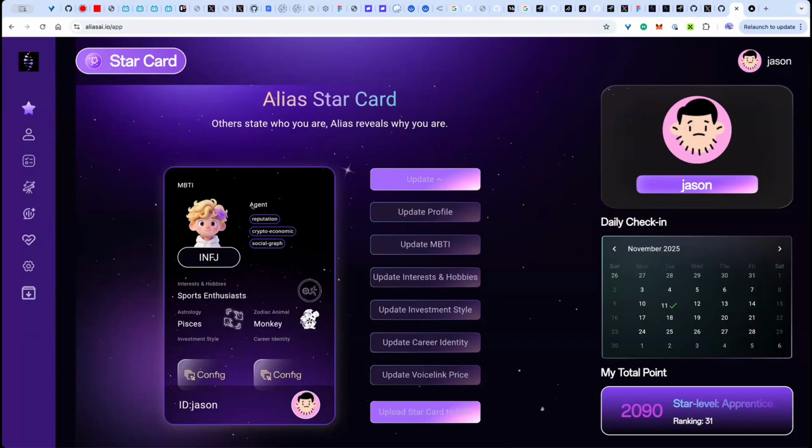You can see you are just an agent. We call it a star card. Yeah, it's our product.